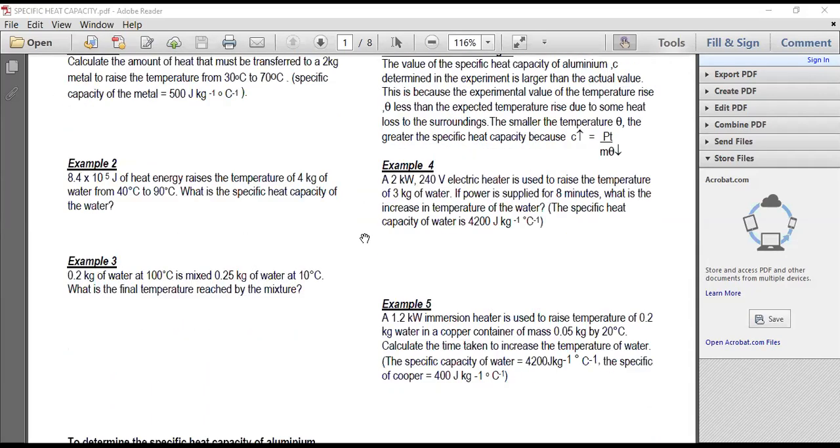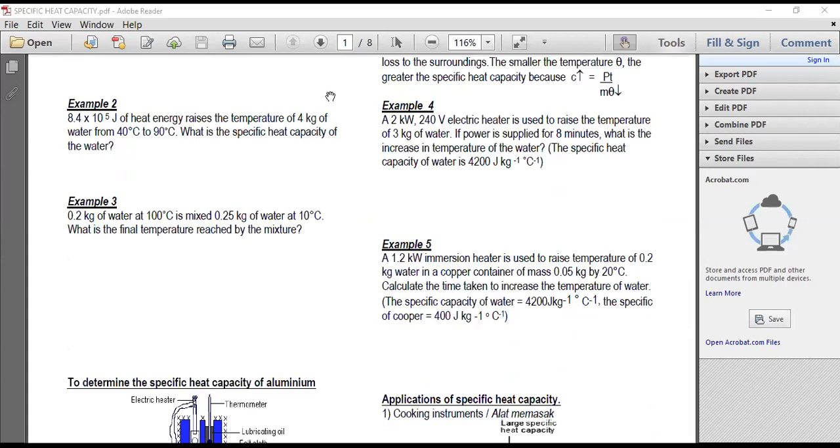Okay, so we look at an example on how to use this formula. A 2 kilowatt electric heater is used to raise the temperature of 3 kilogram of water if power is supplied for 8 minutes. What is the increase in temperature? You can use Q equals MC theta, so Q becomes PT. The power is 2000, the time is 8 times 60, the mass is 3, and the value of C is 4200.